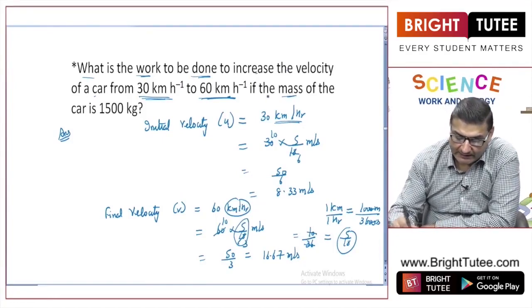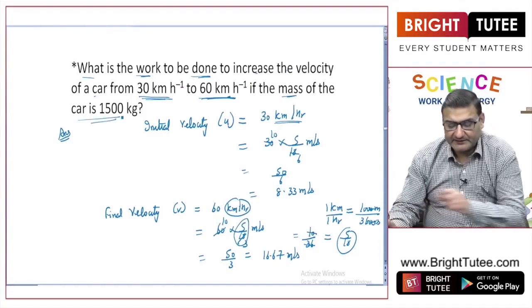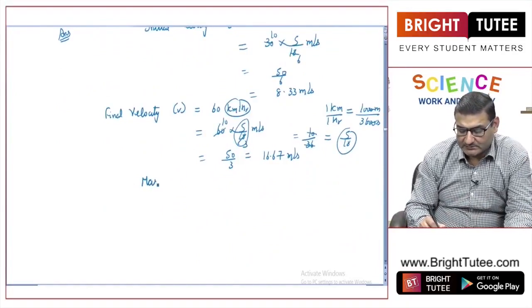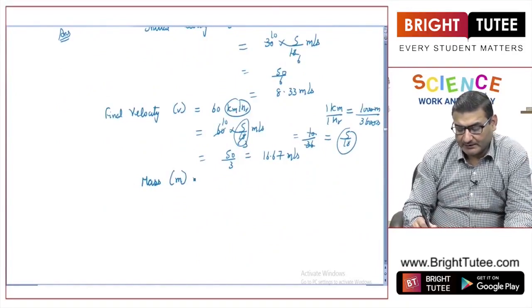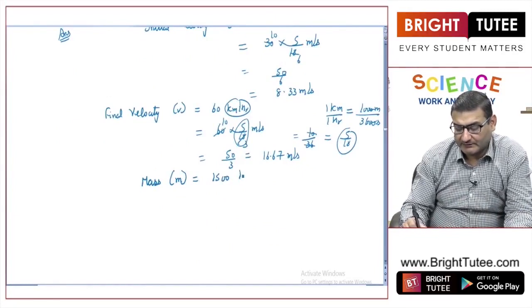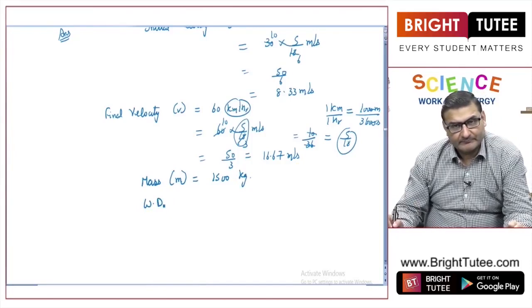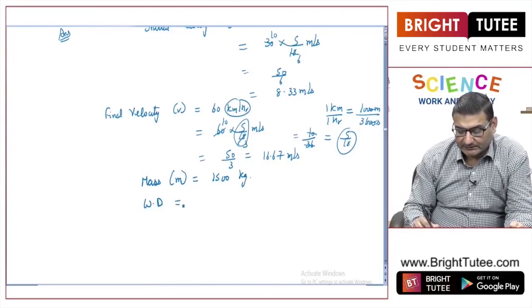Now the mass of the car is given, m is equal to 1500 kilograms. I need to calculate the work done, right? We know what exactly the work done is.